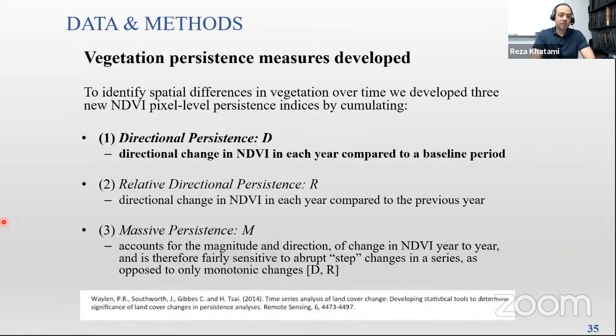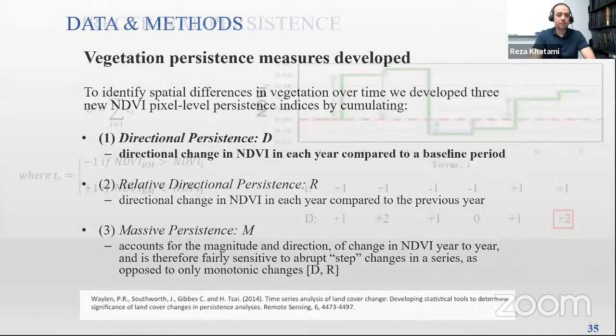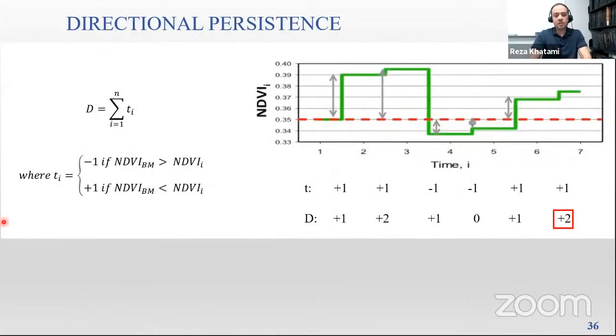We developed 3 different persistent metrics, and today I'm going to introduce our directional persistent products, which are directional change in NDVI in each year compared to a baseline period. To calculate directional persistence, we need to first establish a baseline NDVI value for each pixel.